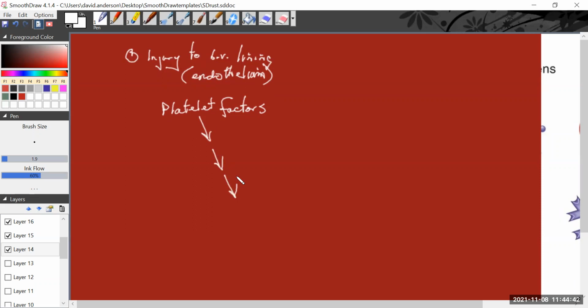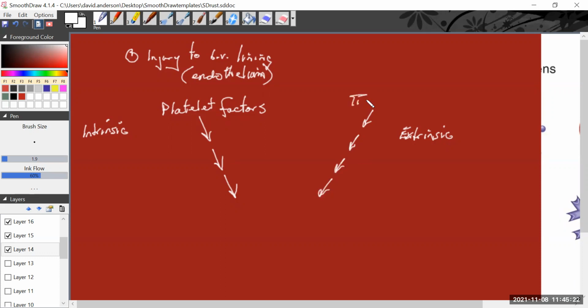So there's a series of steps. Some of you maybe have heard that, this is where some factors like a factor 3 and a factor 8 and a factor 5. We're not going to worry about the factors. We're going to understand that we have an intrinsic pathway happening within the blood vessel, and we have an extrinsic pathway that happens from outside of the blood vessel and has a series of steps that are necessary.